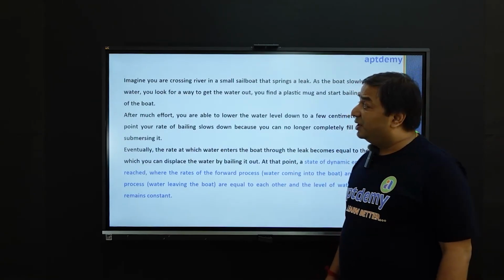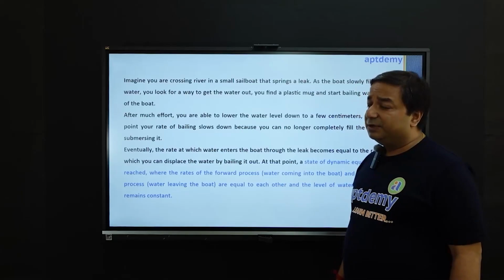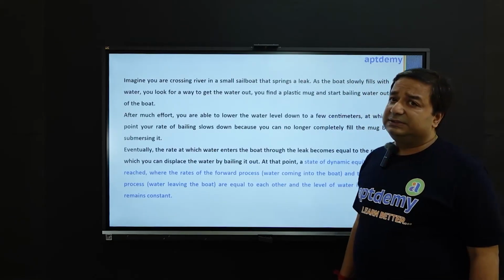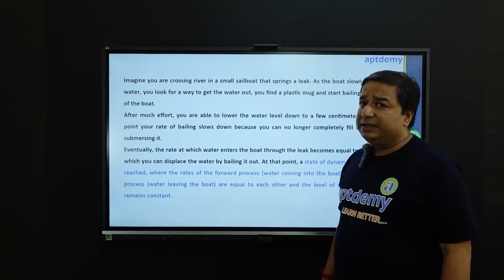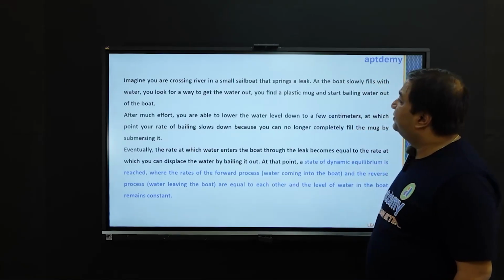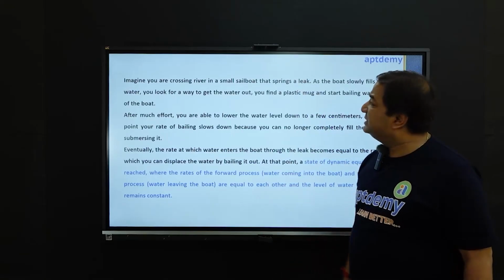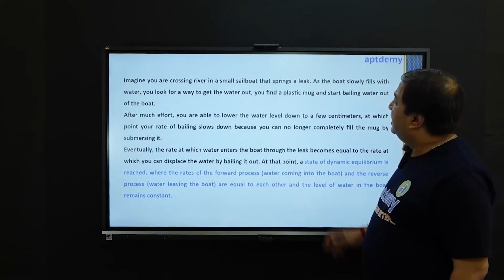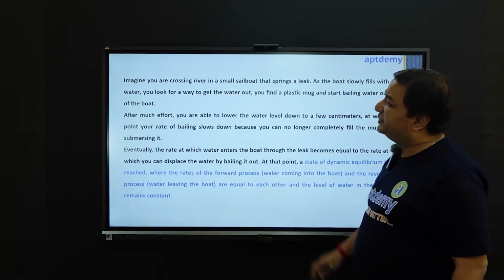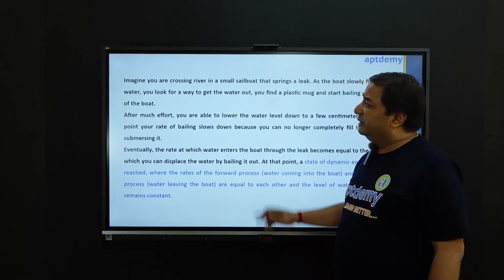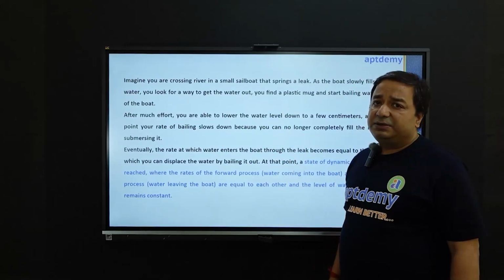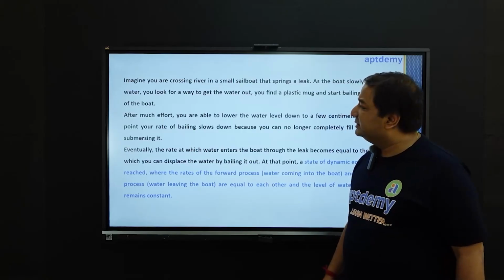Now imagine you are crossing a river in a small sailboat, and then a spring leaks. As this leak happens, the boat slowly fills with water, and you look for a way to get the water out of the boat.